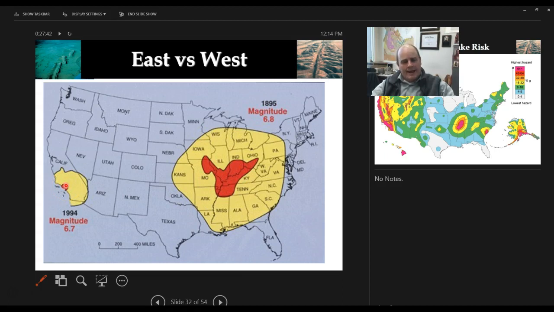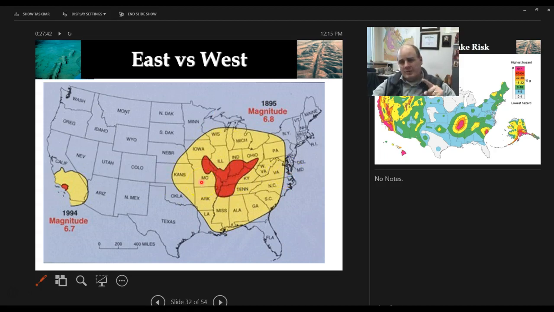However, if we had that same size earthquake in Missouri back in 1895, that 6.8 earthquake actually could be felt all over the eastern United States. Why is it that in the western United States it only goes about 200, 300 miles, whereas in the eastern United States it's going about 1,000 miles in some cases?